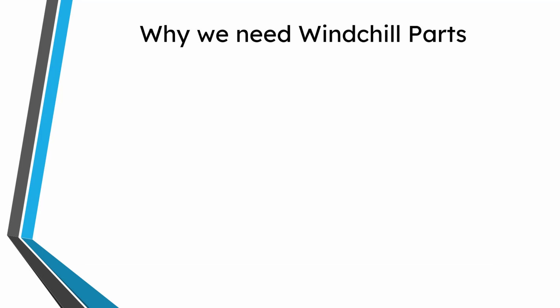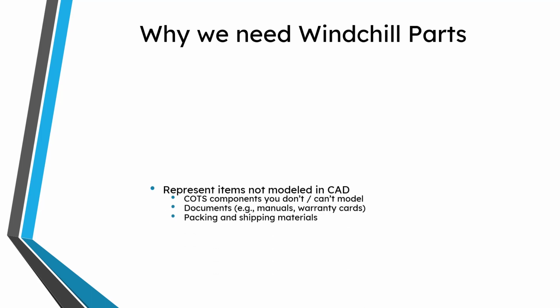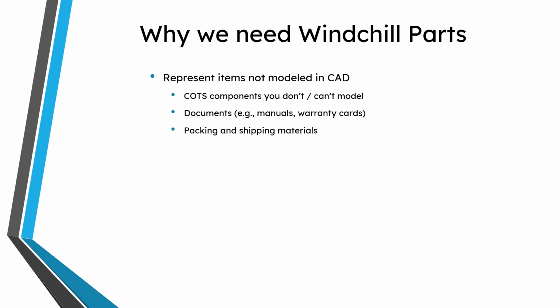So why do we need these Windchill parts? Why can't we just use the CAD parts and the CAD assemblies that are generated by Creo Parametric? First, often in your bills of material, you want to represent items that you're not going to model physically. So for example, you have some different COTS components that you're going to use in your products, and you don't have models for them, and you don't need to put them in the CAD model.